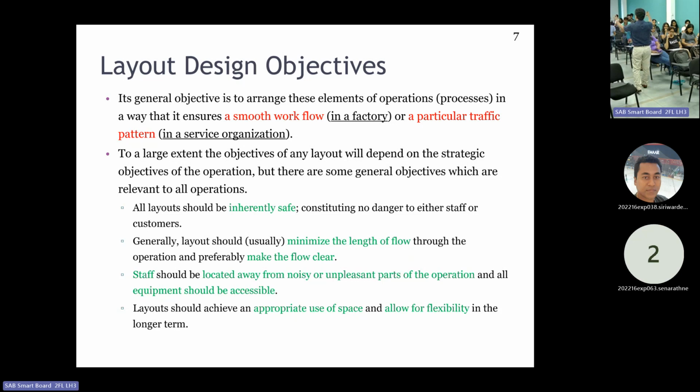Rather than putting up more space or acquiring more space, how to maximally utilize the available space should be another consideration. In fact, that is what they consider as appropriate use of space, but we can highlight that. How to maximize the utilization of space. What else?